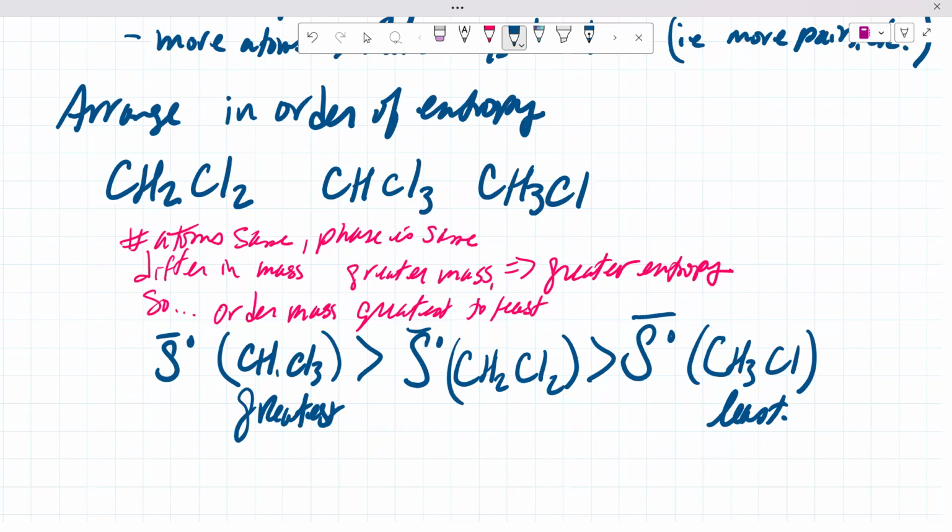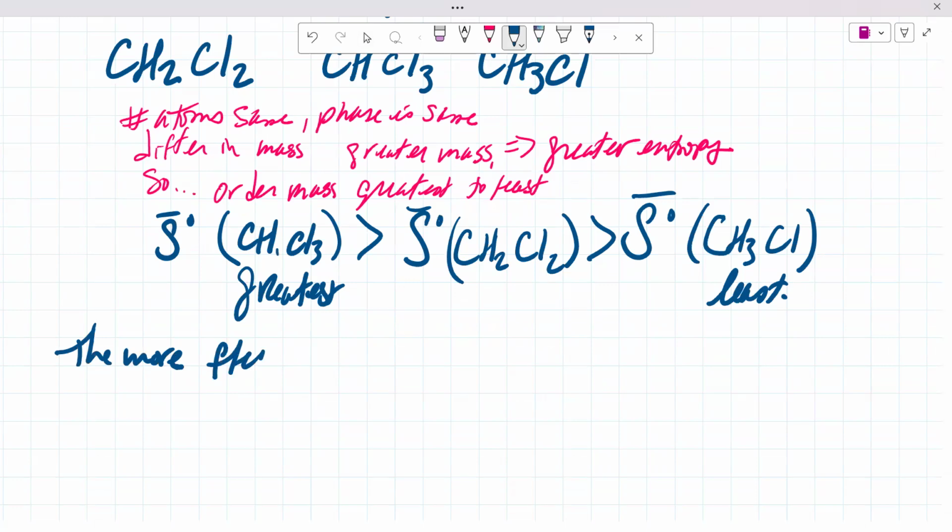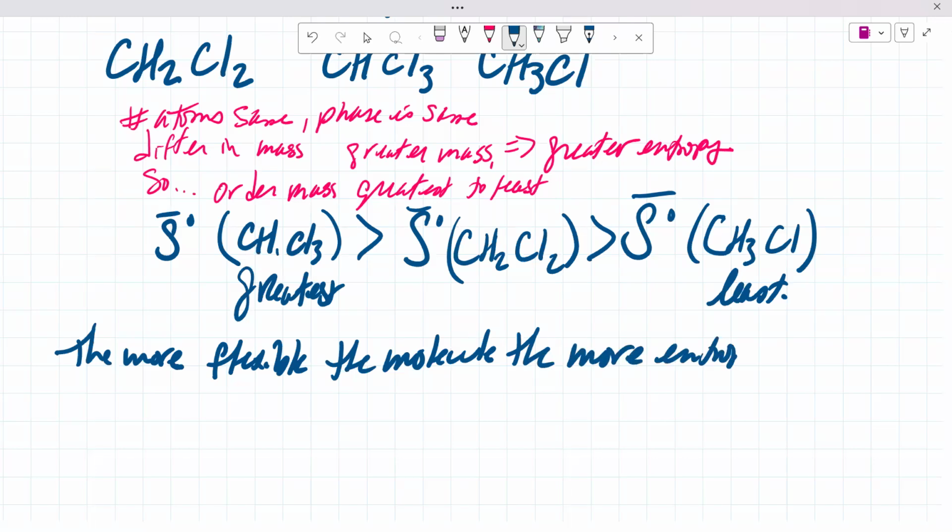Because chlorine weighs more than hydrogen, that's why this is the right order. The more flexible the molecule, what do you think? The more flexible the molecule, the more entropy it has.